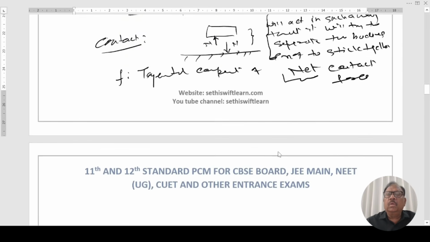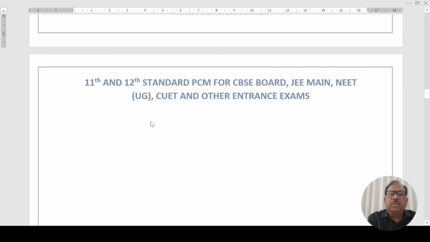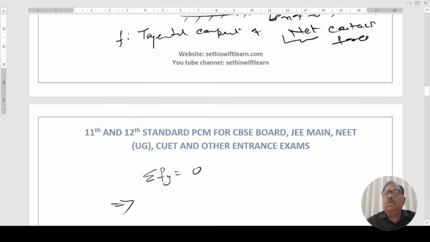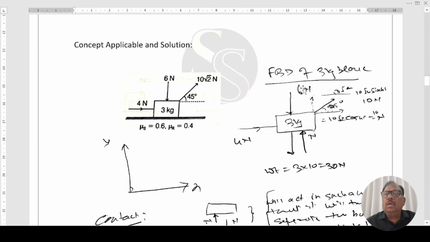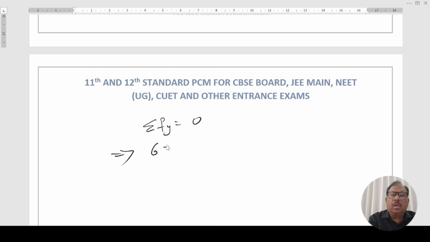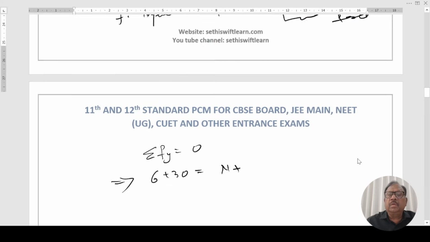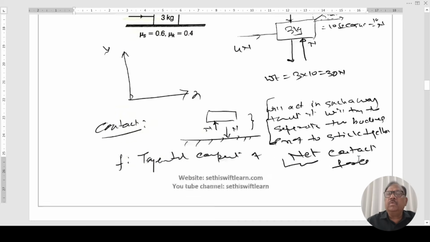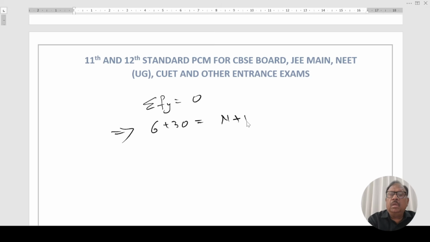Now, according to summation Fy equal to 0, upward force equals the downward force. 6 plus 30 equal to N plus 10, where 10 is the upward force. Simplified, N is 26 Newton.